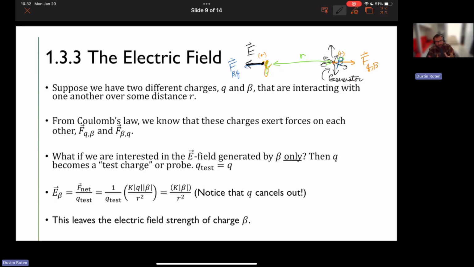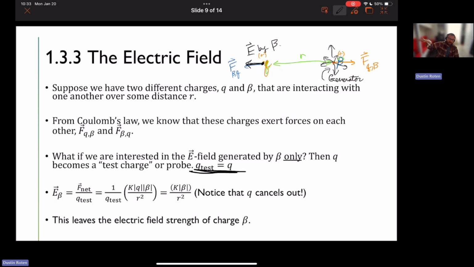So how do we figure out information from the electric field generated by beta? So this is the E field by beta. Well, that means we need to pay attention here. Q test, our test particle, is actually just our charge Q, right? That becomes the test particle we want to get rid of.